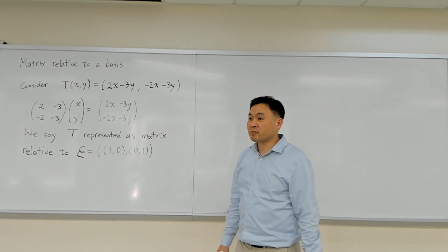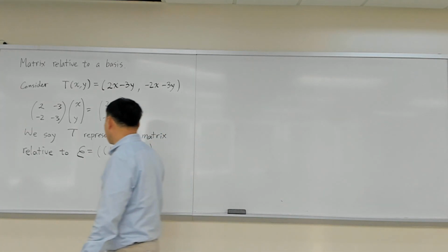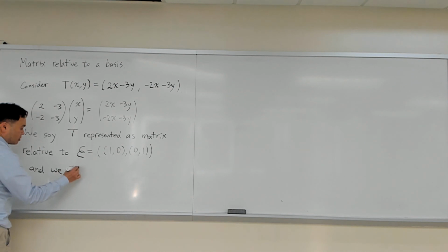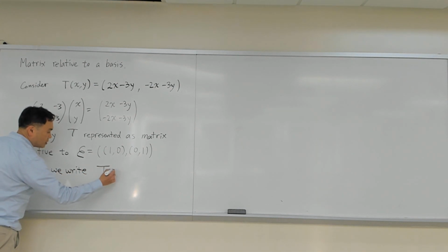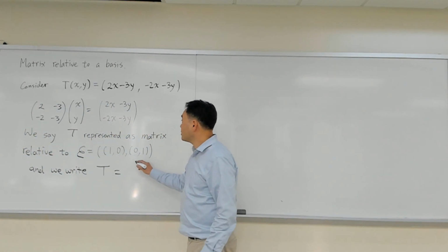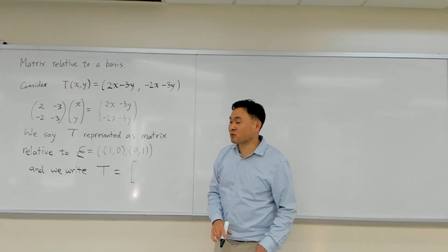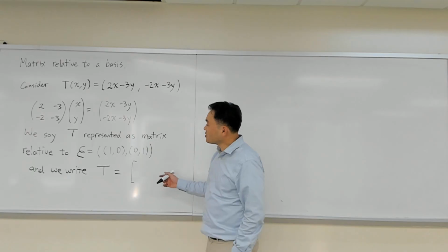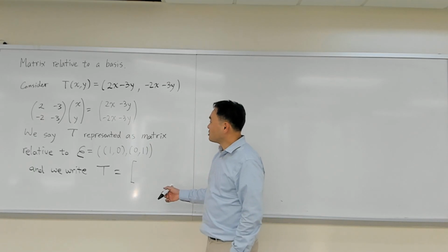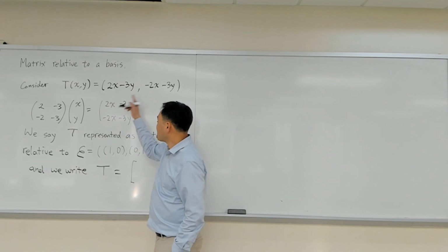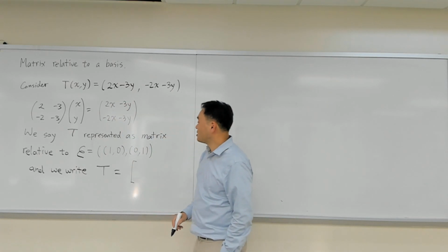So it's the same idea. And we write that T is represented as, so whenever I make a representation, I'll try to use square brackets. It doesn't have to be. I still don't know what's the standard for matrices, whether parentheses or this.